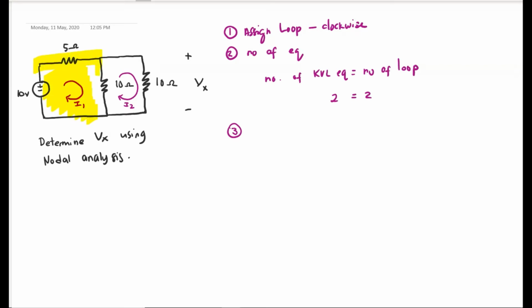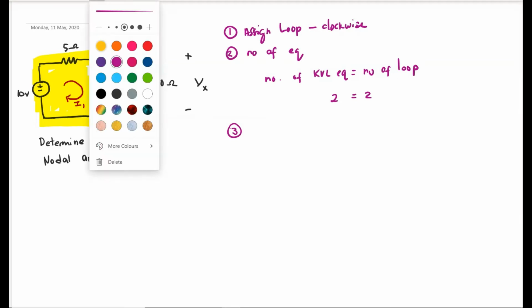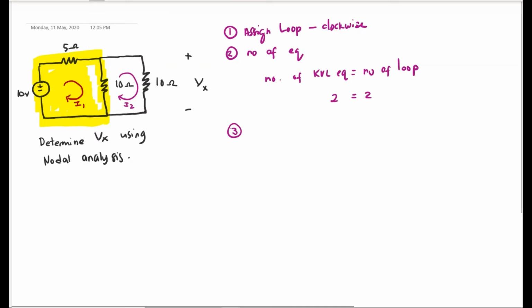You can see that these are the elements that are related to the first loop, which is I1. So I1 will flow through the 10 volt, 5 volt, and 10 ohm. This is a closed path for the first loop.